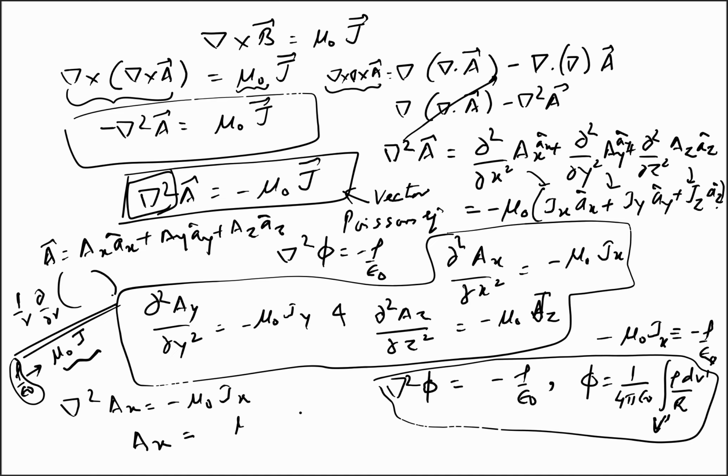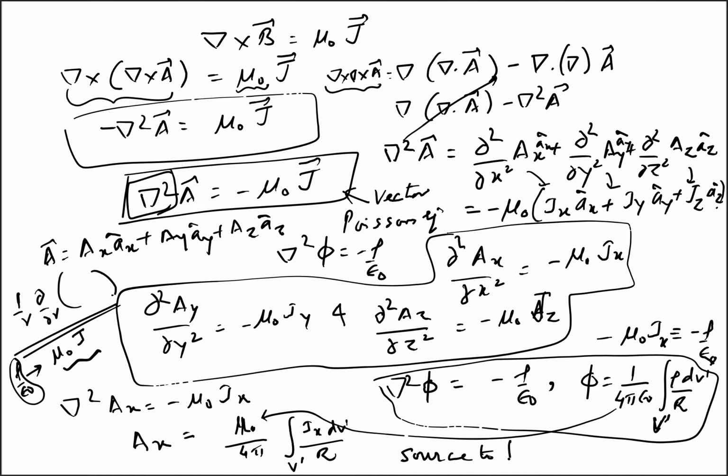So I can write Ax, by replacing rho by epsilon naught with mu naught J, as mu naught upon 4 pi times the integral over the volume v dash of Jx dv dash over r, where r is the magnitude of the vector from source to field point. In this way we can find all three components of this vector potential.